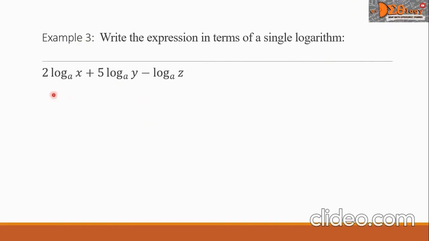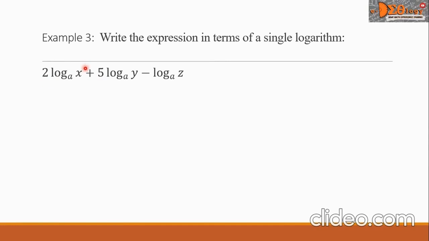We can observe here that the first 2 logarithms have constants in front of them: number 2 and number 5. We can simplify this by putting these constants as powers of x and y.